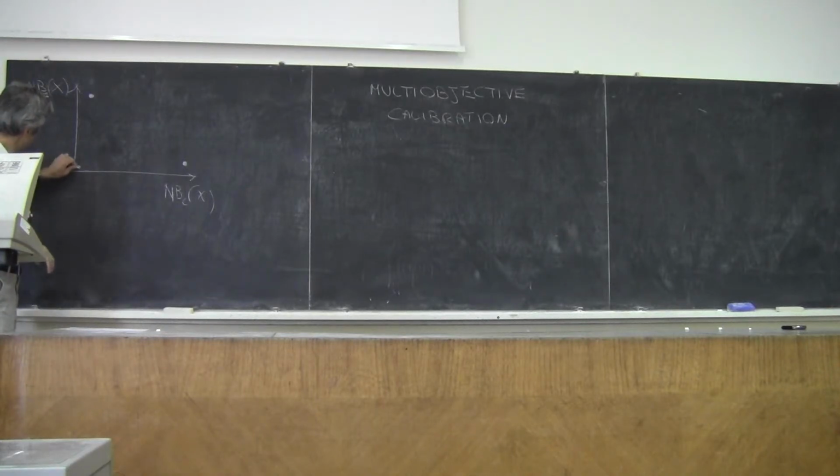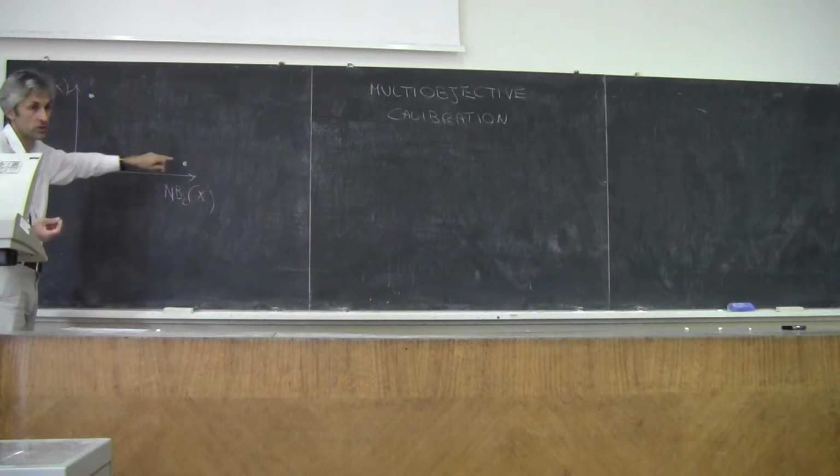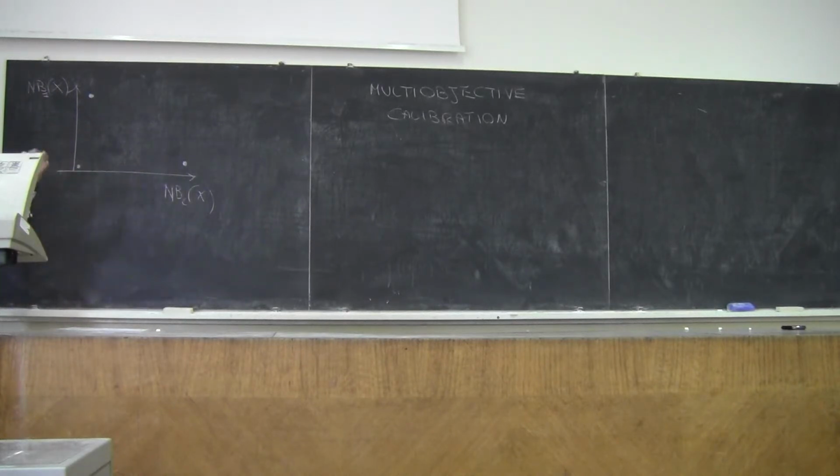So let me make an example. If you have a solution here, this doesn't deserve our attention. Why? Because the benefit that you get from this solution is lower than both the benefits that you get with the other two solutions that correspond to the maximum for one of the users, of the stakeholders.